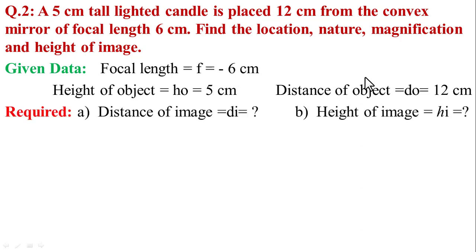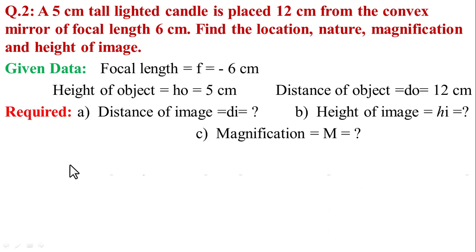Now we have to find the required data: distance of image di and height of image hi. Now we will also find the magnification m, and the nature of the image.